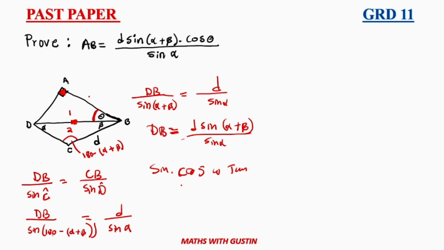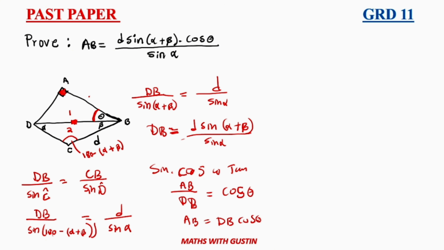AB, which is adjacent, over hypotenuse, which is DB, is equal to adjacent over hypotenuse, which is given to us by cos theta. All right, so I'm looking for what? I'm looking for DB.